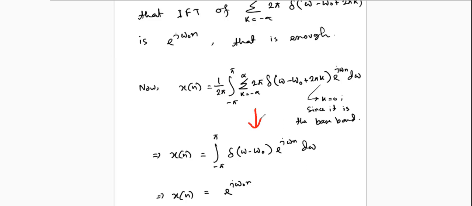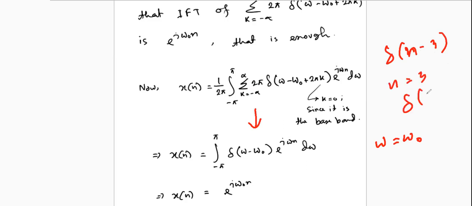where, since this is a delta function, you have only the delta value at the location of ω equals ω0. Just as for δ(n − 3), you have the value at n equals 3, because delta equals 0 makes n equal to 3.